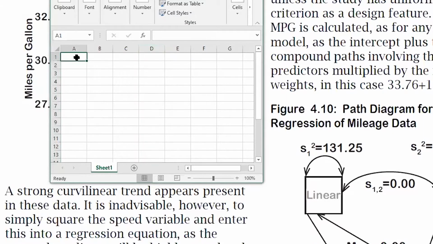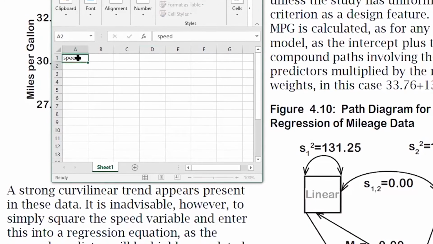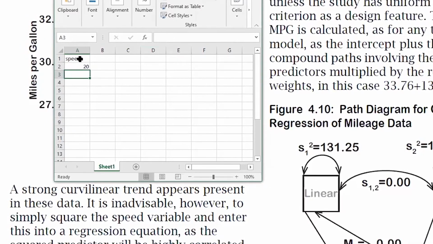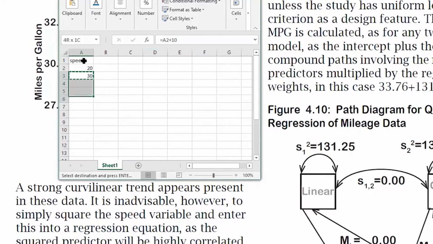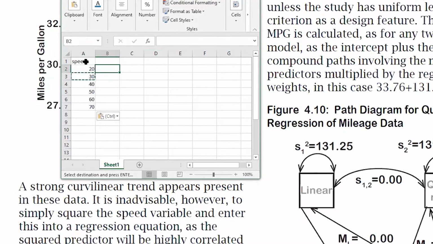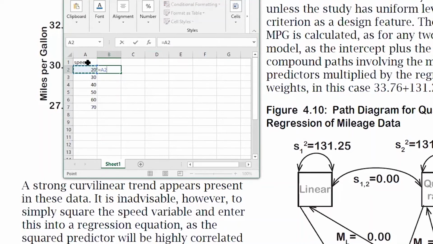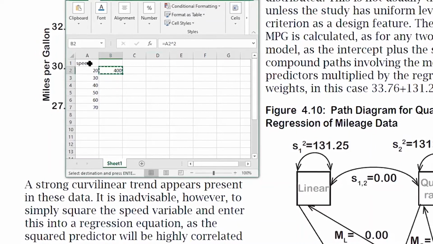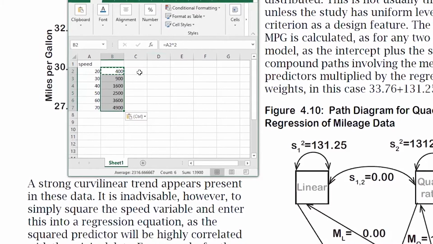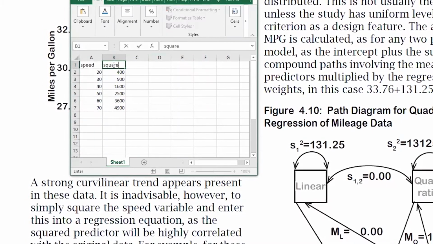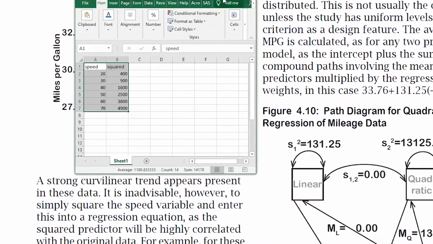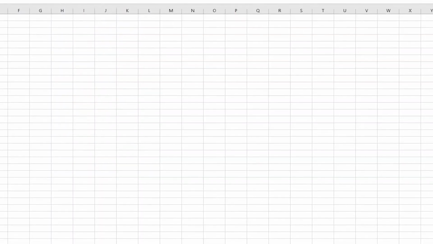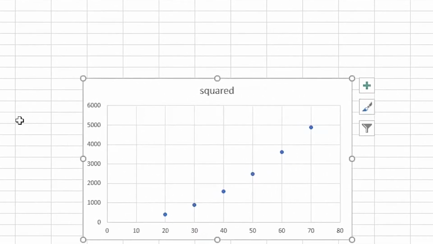So if, for example, I have speed and that goes 20, to give an example, and now I take this variable and I square it. I'm going to get a scatter plot between my predictors that looks pretty highly correlated.